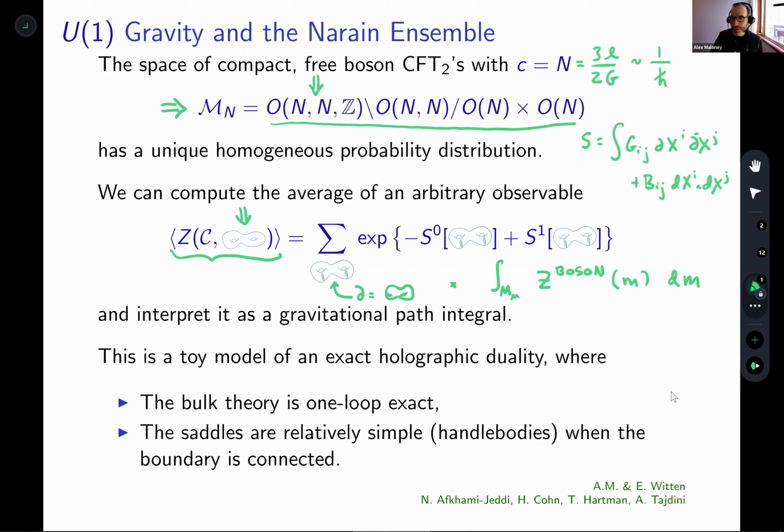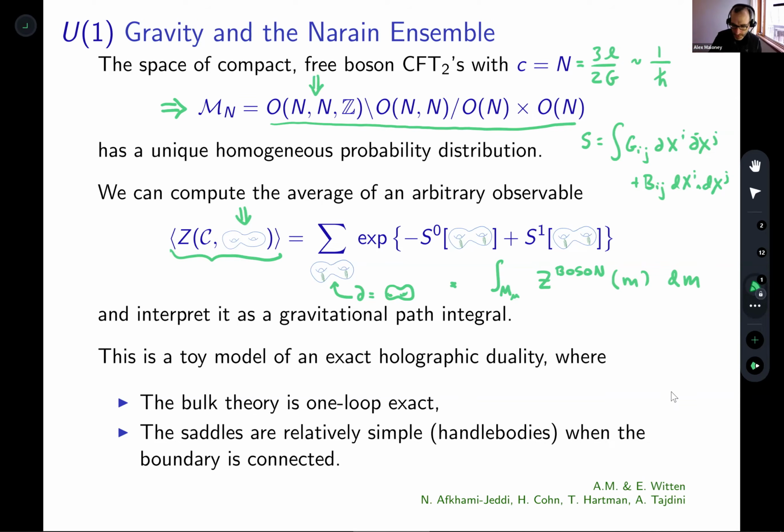So that means that you can compute all of the perturbative corrections around an arbitrary saddle point. And the Euclidean saddle points are simple enough that we can enumerate them exactly. So this would be an example of a theory where you can compute all of the instanton corrections and compute all of the perturbative corrections around each instanton and sum it up and get an answer that makes sense.